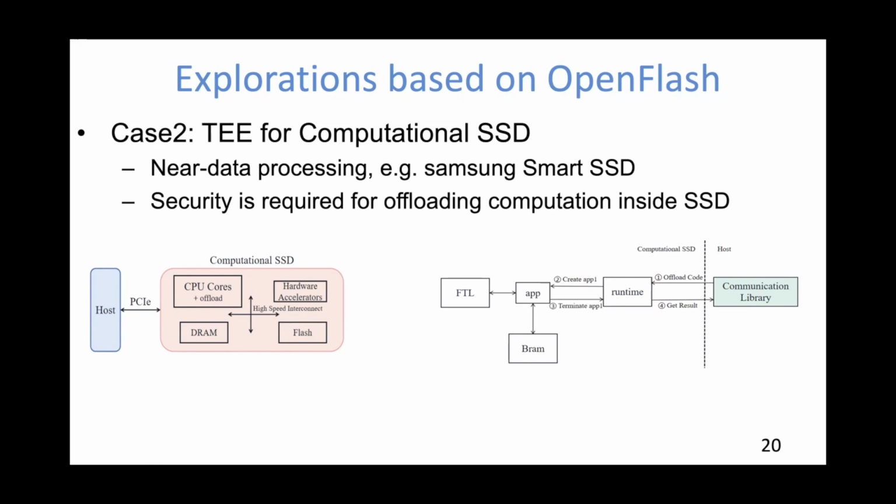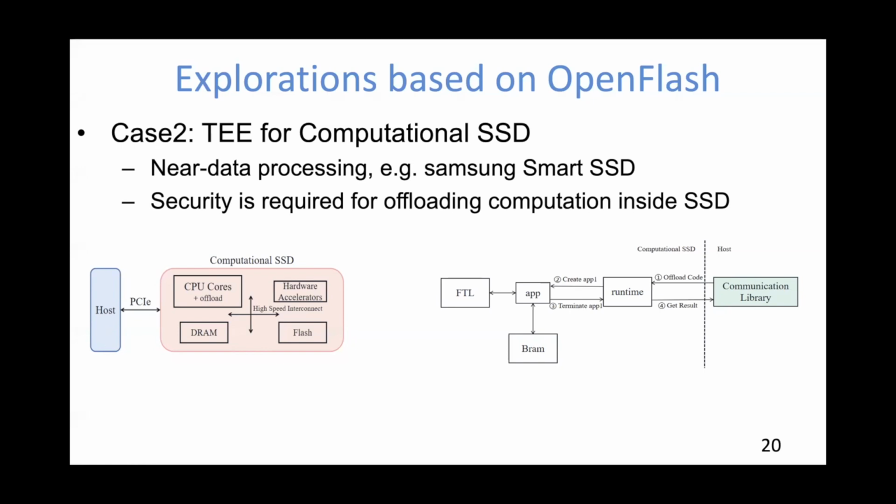However, since program code can be offloaded into the SSD, it introduces potential security problems. This is because the SSD internally also runs FTL firmware. The offloaded program code can equally access the memory area of the FTL firmware or steal the data.